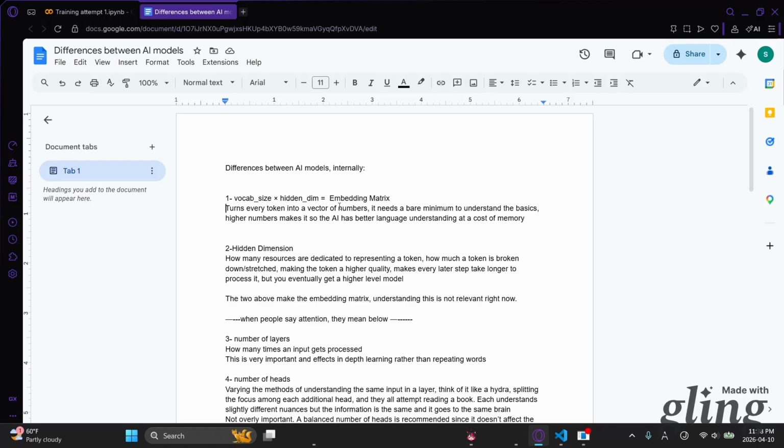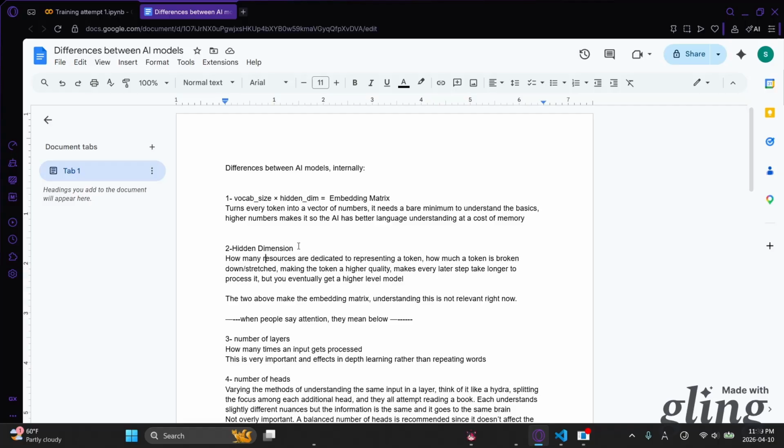So, the higher the vocab size, the better understanding of language it will eventually have, but it does have a cost of memory. It's always a balancing act. You could say, oh, I want less training time, so you lower the quality. Oh, I want more memory. It's a balancing act of how much you want in your quality and how much you are willing to sacrifice at the training. And that's true for every single step. There are a lot of steps where these decisions are made.